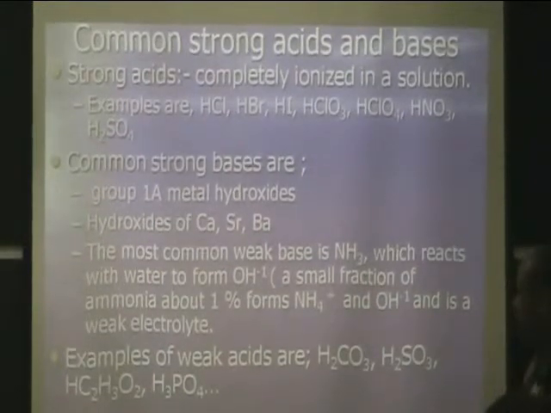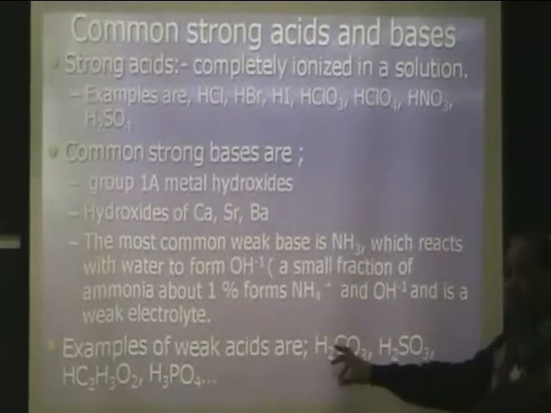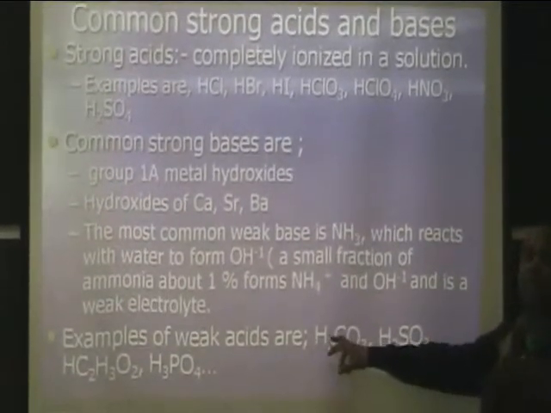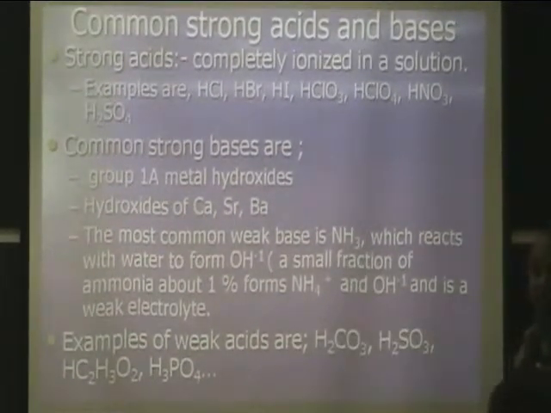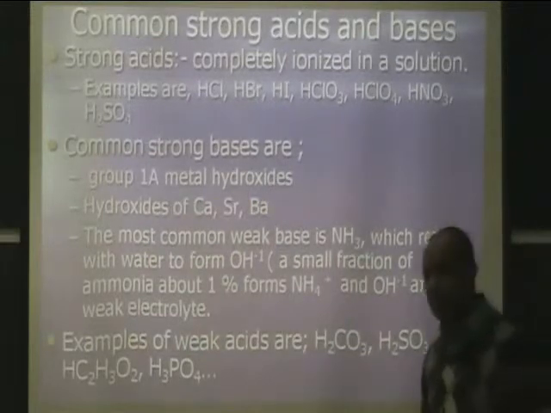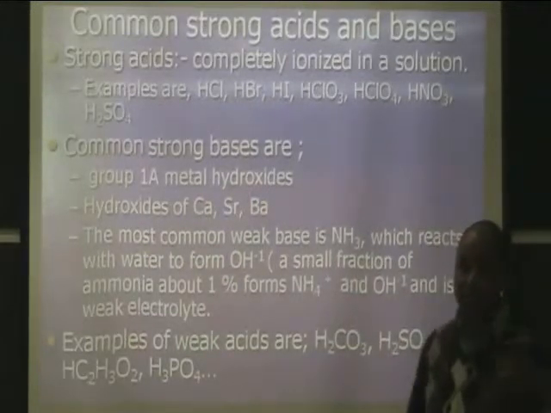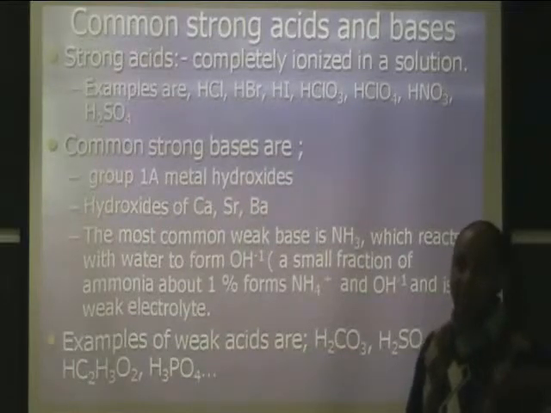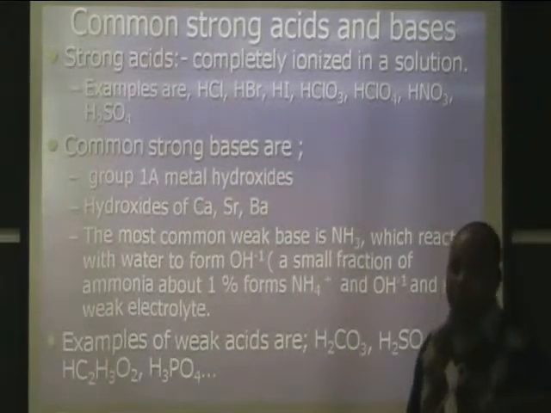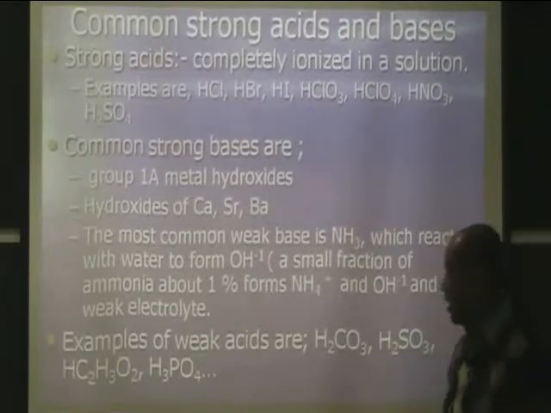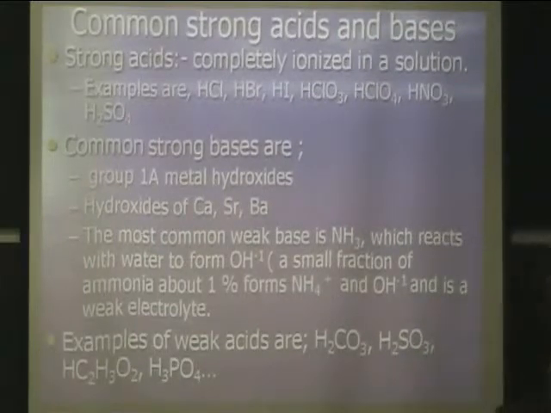So carbonic acid, when it dissociates, dissociates into what? Into water and carbon dioxide. Few of them, maybe 1% or 2%, get into carbonate ion and hydrogen ion. So that is like a weak electrolyte. And what does sulfurous acid break down into?